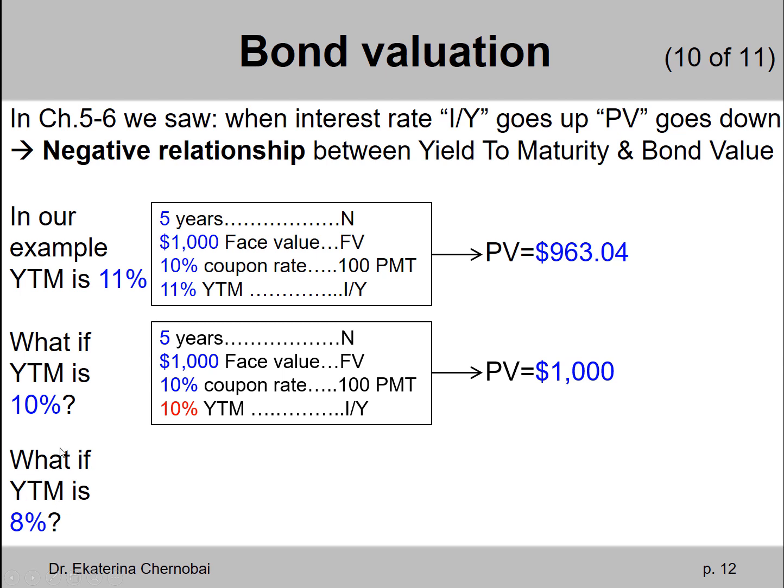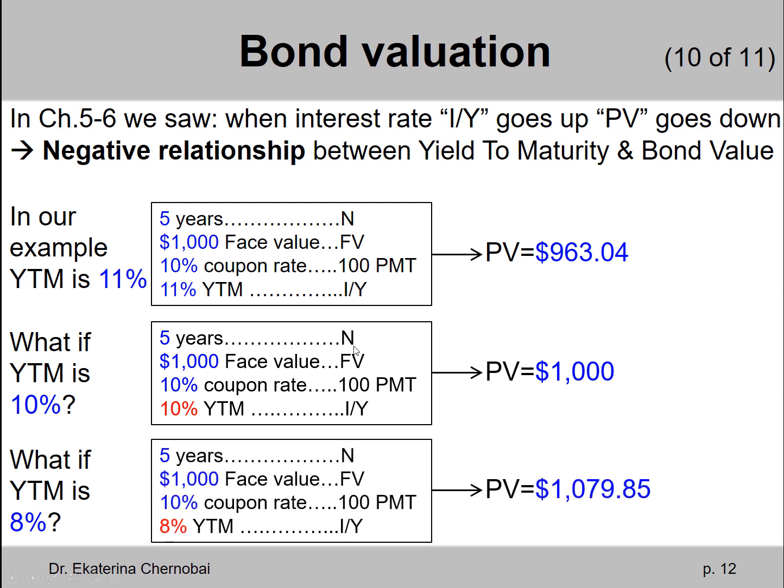If you make the yield to maturity, the IY in the financial calculator, even lower, then the bond present value will become even higher because of the negative relationship between the two. And if we redid the calculations in the financial calculator, we would get the following answer, $1,079.85.